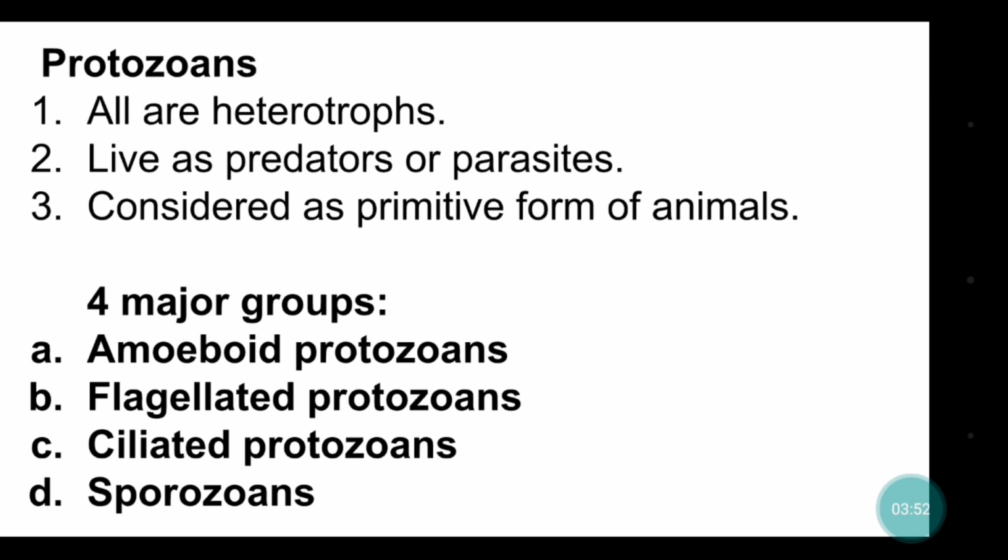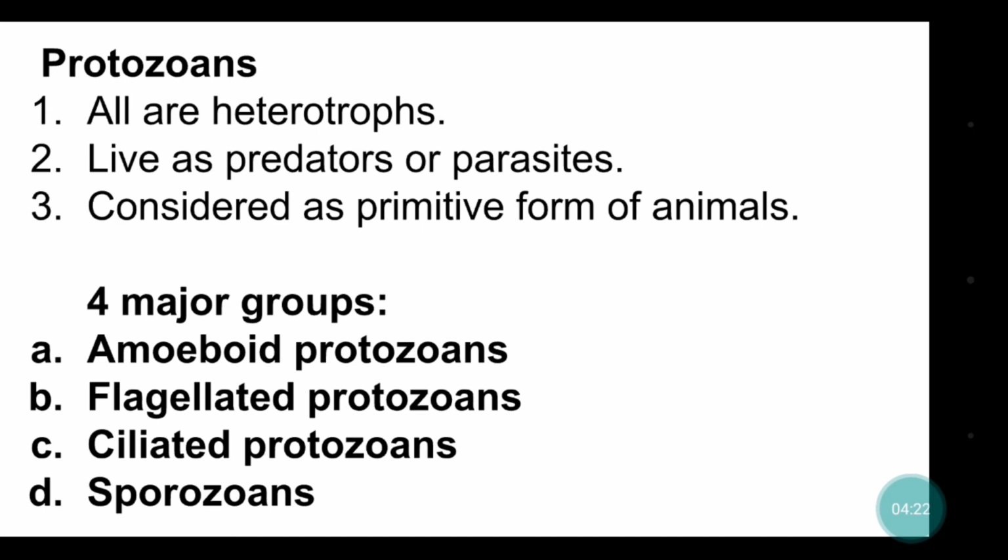Now the other category, that is protozoans. Protozoans are heterotrophs. They live as predators or parasites. Predators means they will eat other organisms, and parasite means they will stay in or on the body of a host and obtain whatever is required from that host.